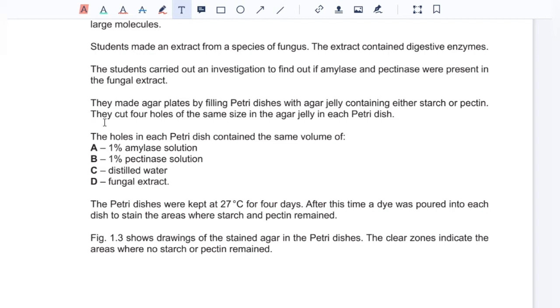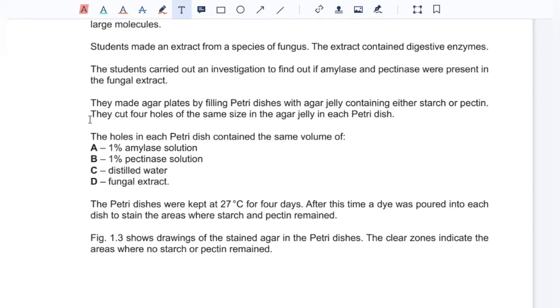They cut four holes of the same size in the agar jelly in each petri dish. The holes in each petri dish contain the same volume of 1% amylase and 1% pectinase solution, as well as distilled water and fungal extract. The petri dishes were kept at 27 degrees Celsius for 4 days.